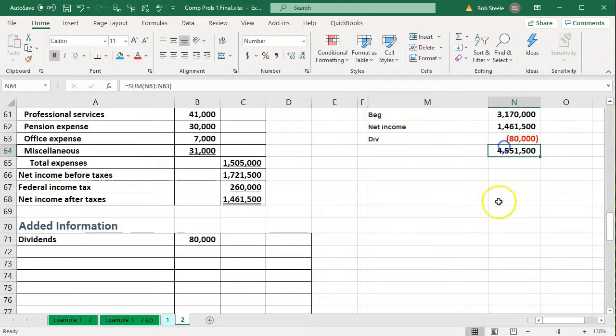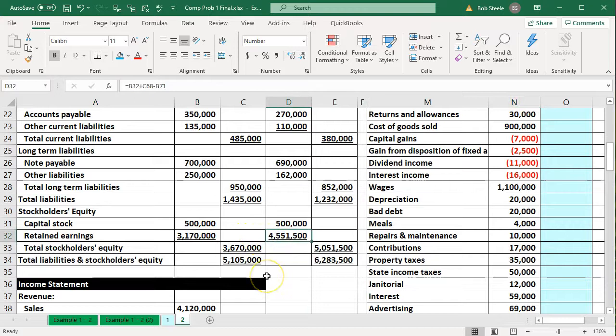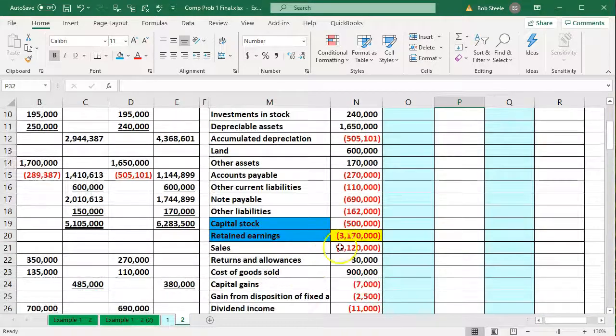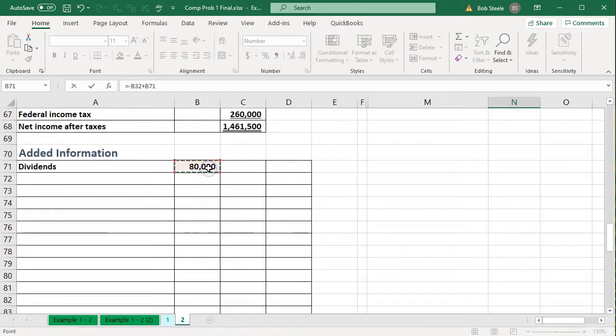So then the ending retained earnings, if you include dividends, would be the 455,100. So that's what it matches here, 455,100. But in our balance here, what we need to do is pick up this amount, which is going to subtract the dividends.